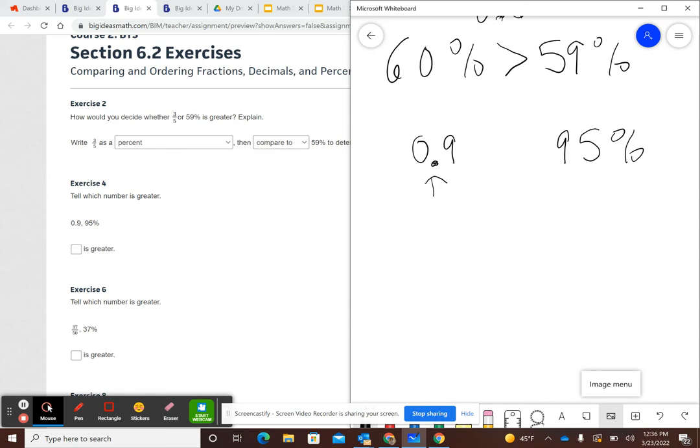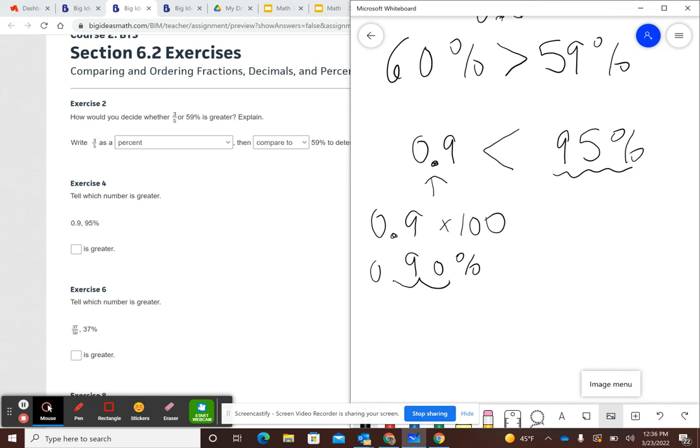And I know that if I'm going to convert from a decimal to a percentage, I'm going to multiply it by 100. So 0.9 written as a percentage would be 90%. So I know for a fact that 0.9 is less than 95%.